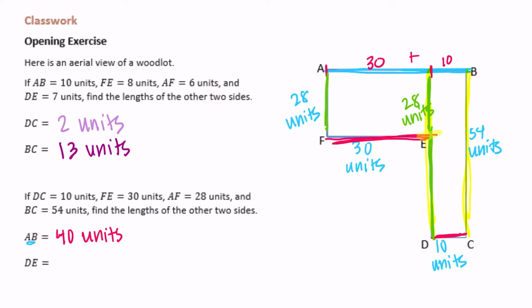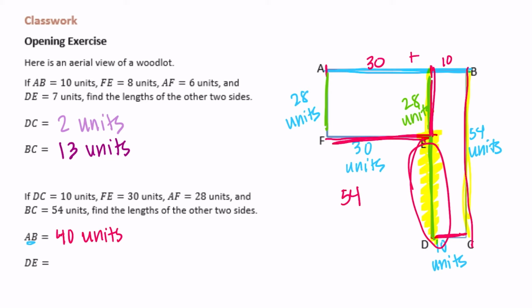So we just want to know this section right here. I can do 54, the whole thing, take away this 28, and I'll have what's left right there. 14 minus 8 is 6, 4 minus 2 is 2, so we get 26 units for DE.